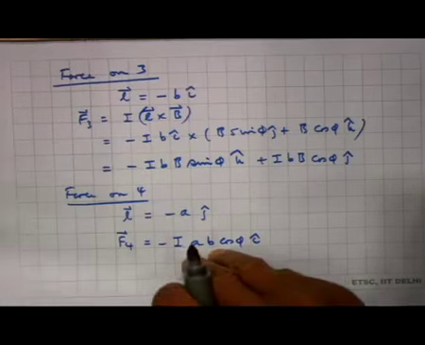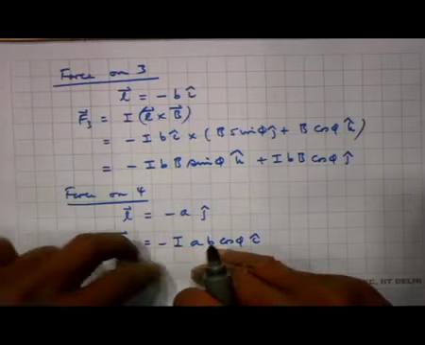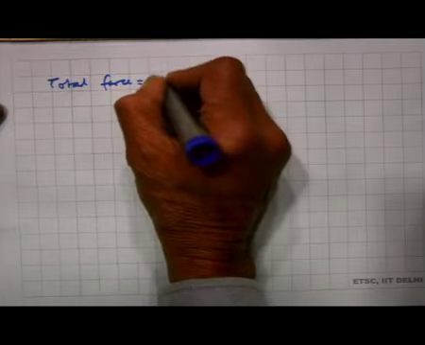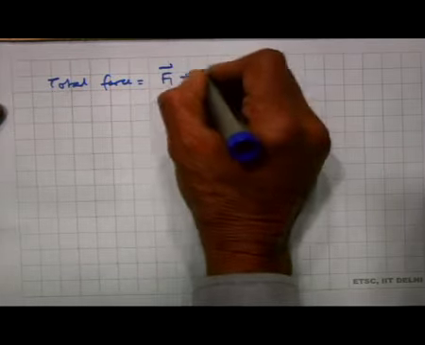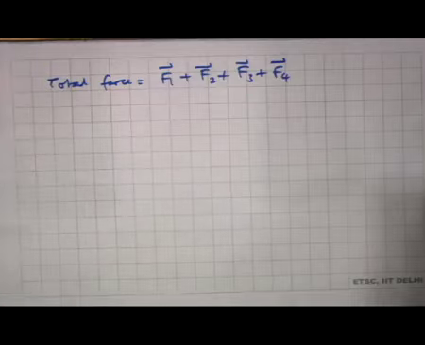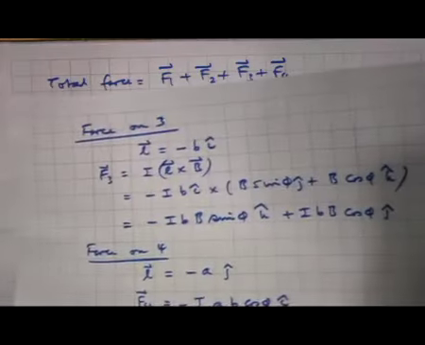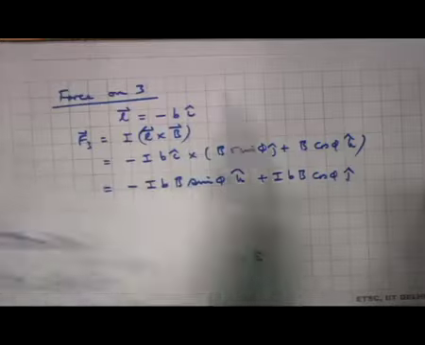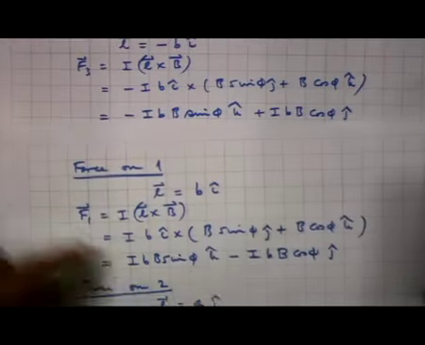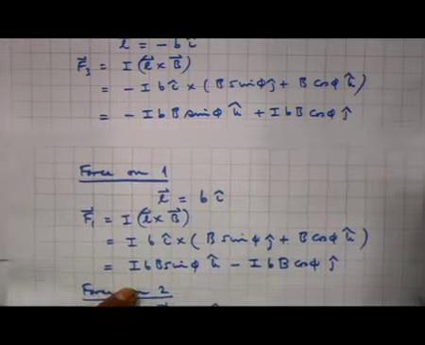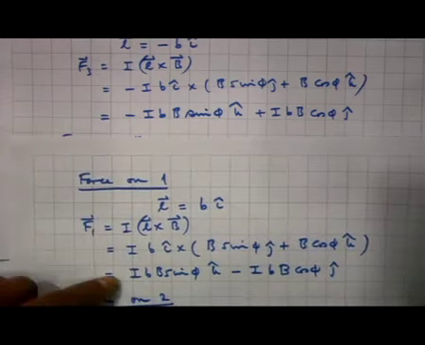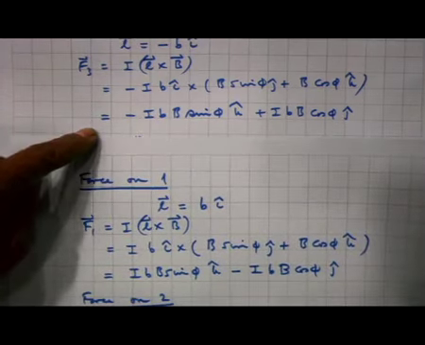So, I can from here calculate the total force on this current carrying conductor. So, total force F1 plus F2 plus F3 plus F4, and you can see here F1 and F3 are exactly equal and opposite to each other.